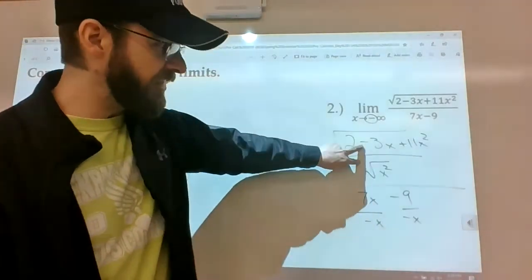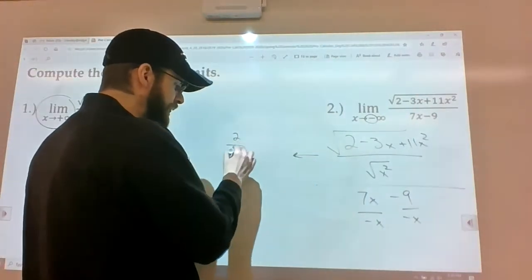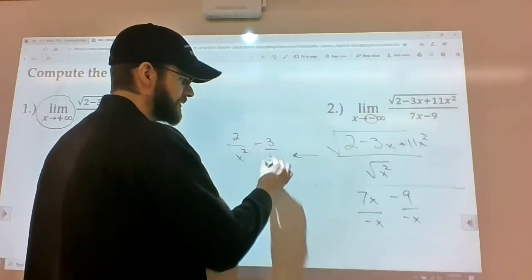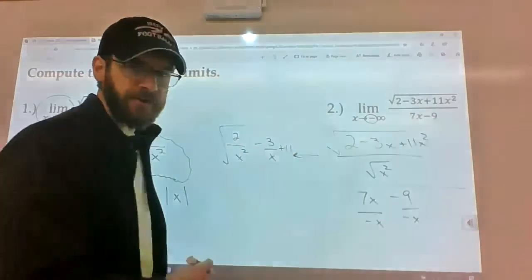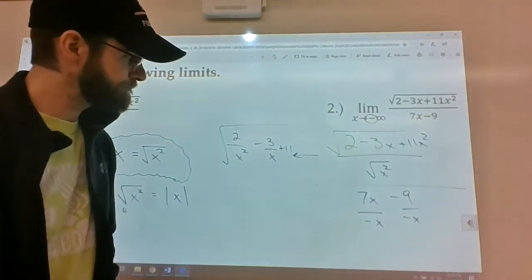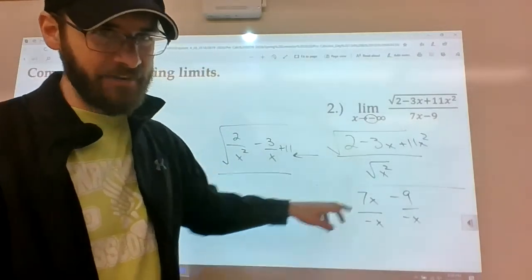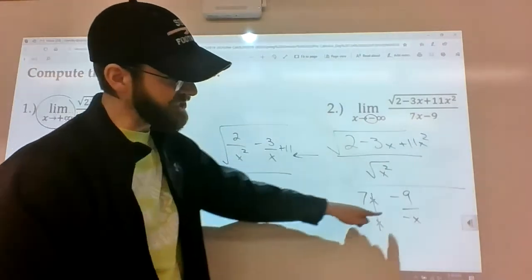We know that this is going to just be 2 over x squared, which is going to zero out, minus 3 over x, which is also going to zero out, plus 11. This is all that's underneath the square root. Okay, and on bottom, now instead of positive 7, it's going to be negative 7. No, this really doesn't change that part.